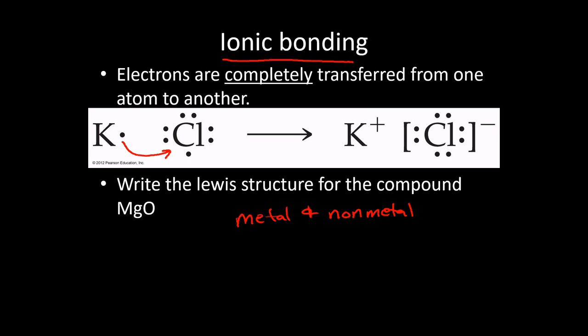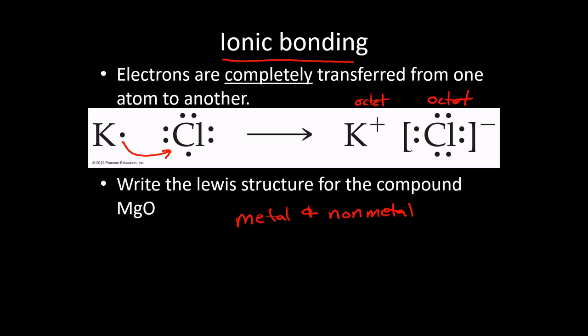When that electron is gone, all of a sudden it now has a new octet in the 3rd level. So it will have 2 electrons in the 3s and 6 electrons in the 3p. And if you don't believe me, you can go back and write out the electron configuration for potassium and see what you're left with when you take that 1 high energy electron away. And so both of these now have an octet, and they are both happy.